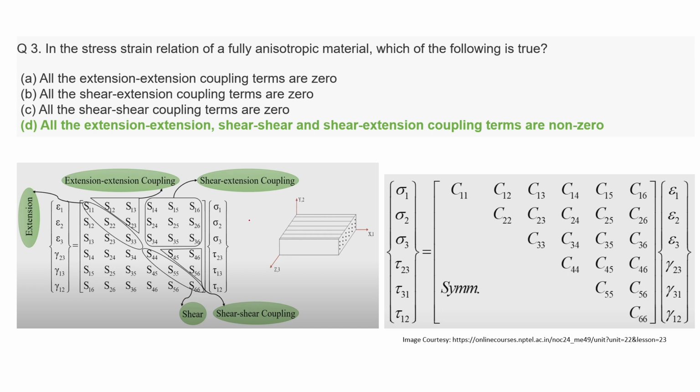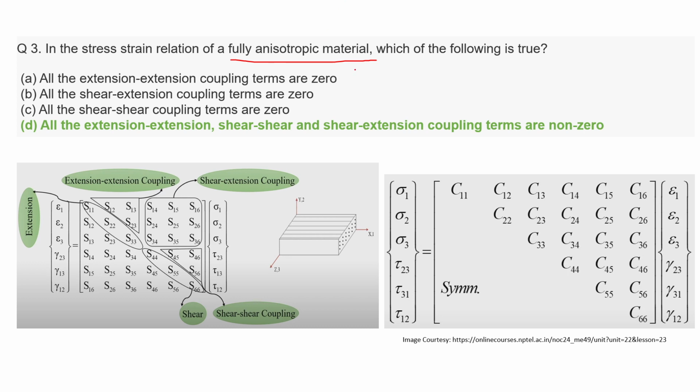So we have to get whichever material they have talked about, either fully anisotropic, orthotropic, or transversely isotropic, get their compliance or stiffness matrix, then equate the values in different areas of this matrix, and we can solve this.